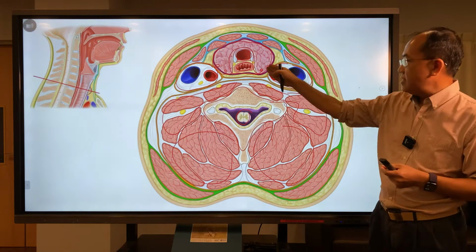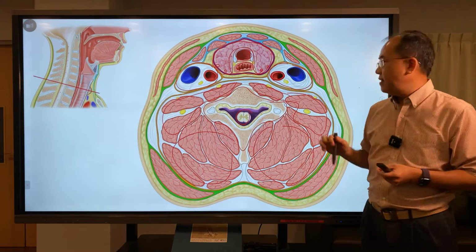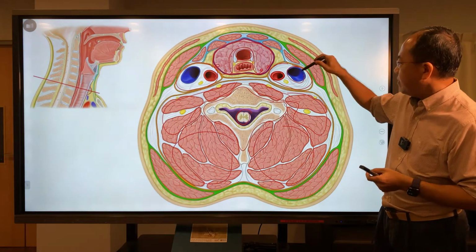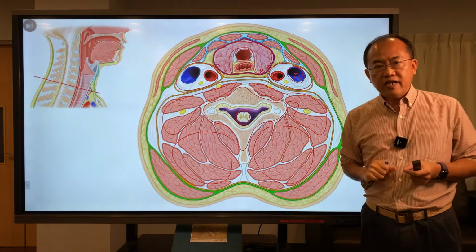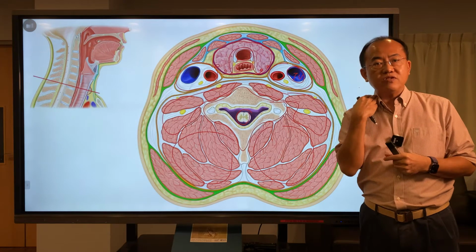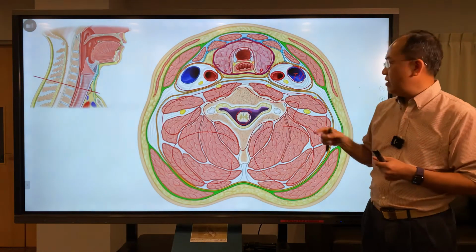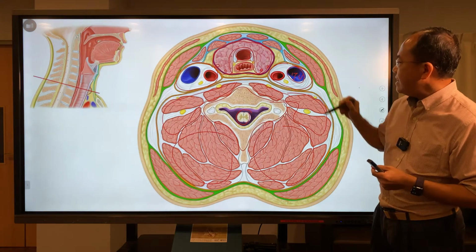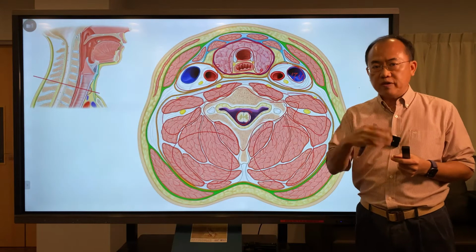This is found just slightly posterolateral to the viscera of the neck. And then the artery is accompanied by a vein. We call this the jugular vein. There are two jugular veins in the neck. One is found inside, the other is found superficial to the sternocleidomastoid. Remember the sternocleidomastoid we mentioned just now? Right. This one is inside, so we call this the internal jugular vein. The one outside is the external jugular vein. I'll show you the pictures later.